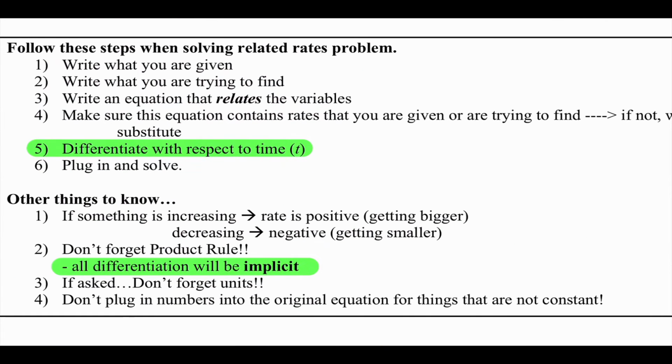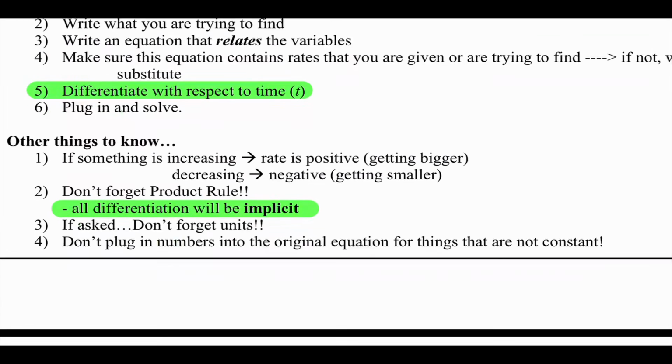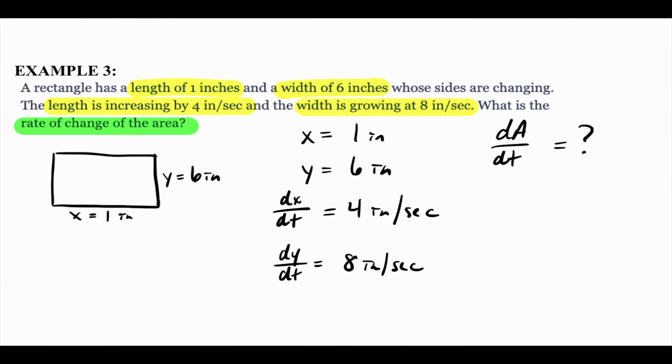Step 3 says write an equation that relates what you have with what you need to have. So what do I need to have? I need to have dA over dt. What equation would give me that using the stuff that I already have?